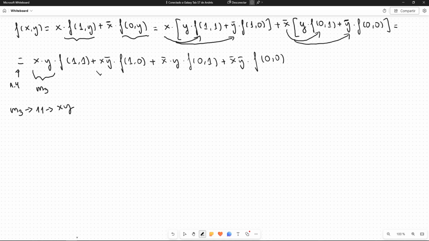This is the min term 2. Why? Because 2 in binary is this. So we have x not negated and y negated. This is the min term 1. Why? Because 1 in binary for two variables is this.